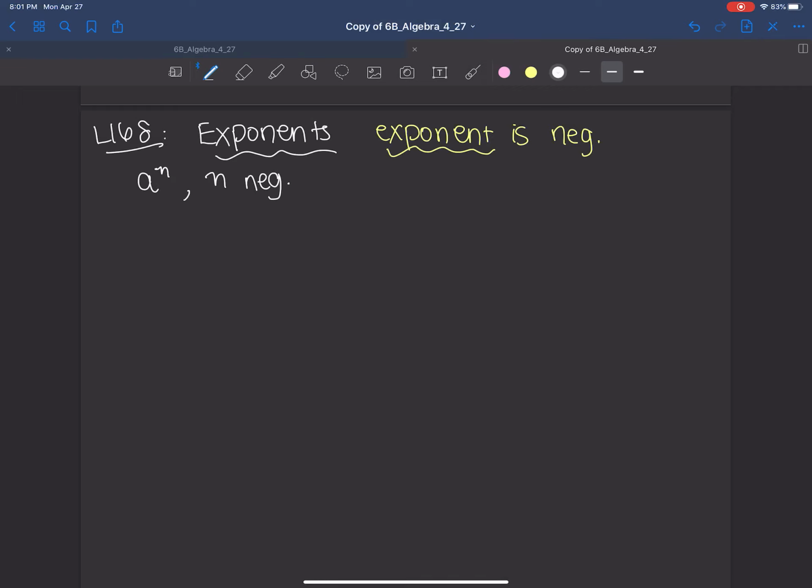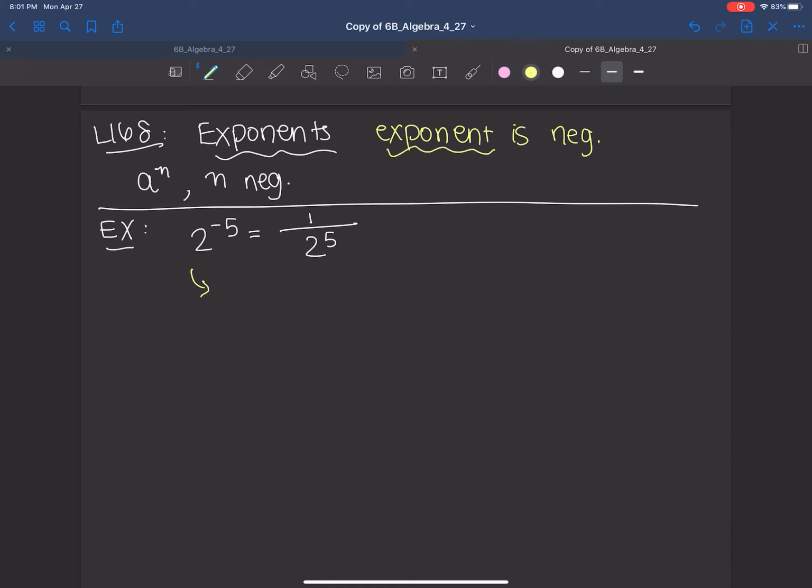And I honestly think the best way to get used to this is to see a lot of different examples. Let's first see 2 to the minus 5. Okay, so someone in class told me it was 1 over 2 to the 5th, which is true. But how do we see that using exponent rules that we've done before?